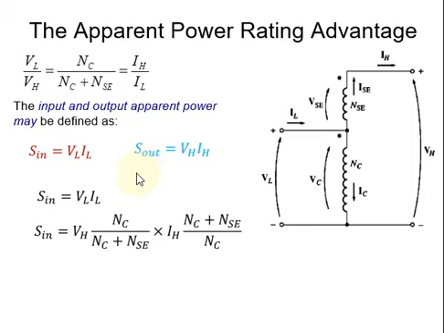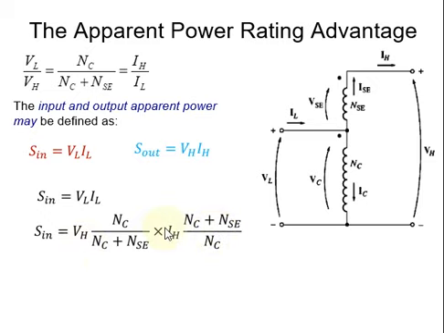Now we derive that VL and VH, VL and IL are substituted from this relationship into the S in equation. After substituting these values, we come to know that this factor in VL and this factor in IL, which deal with the number of turns, can be cancelled with each other.